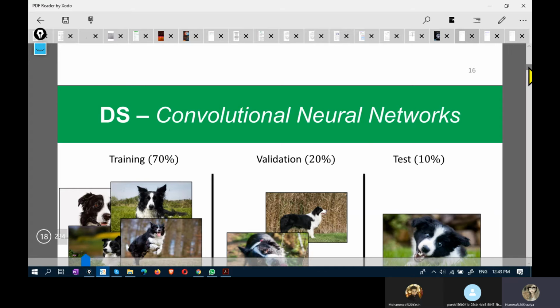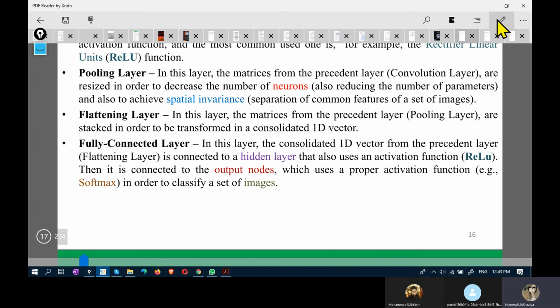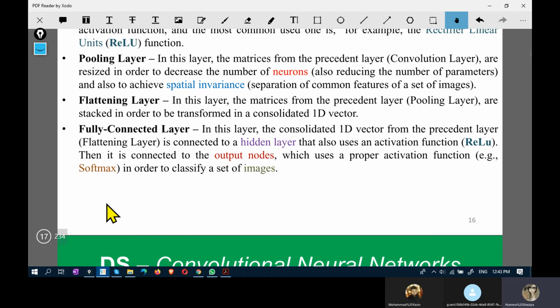If you consider a regular neural network, you will have the nodes, and this node is connected to all the nodes in the subsequent layer.